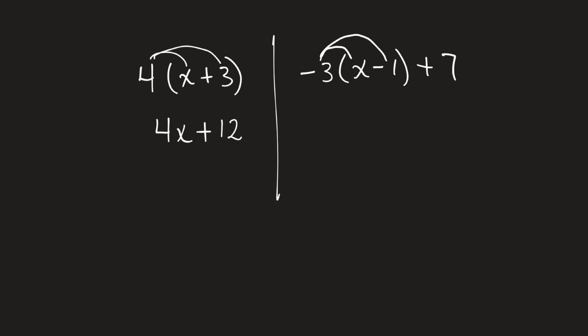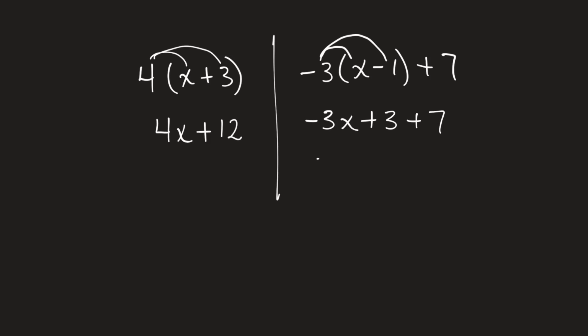Negative 3 times x is negative 3x. And this would be negative 3 times negative 1. That all counts as the same term right there. So negative 3 times negative 1, you should remember that a negative times a negative is a positive. 3 times 1 is 3, so that would be plus 3. And then I still have this plus 7.